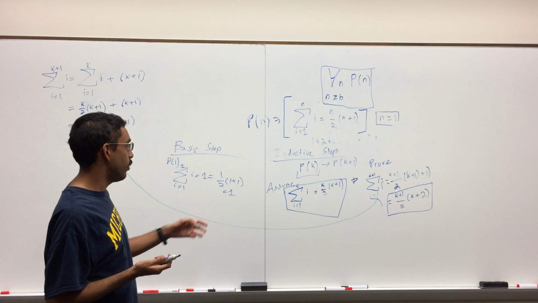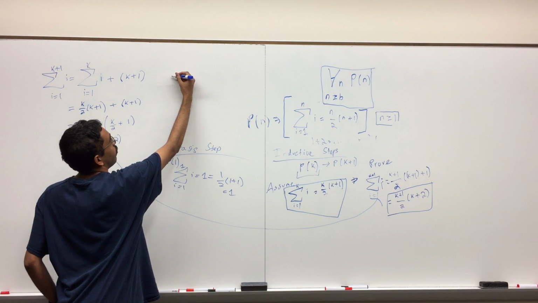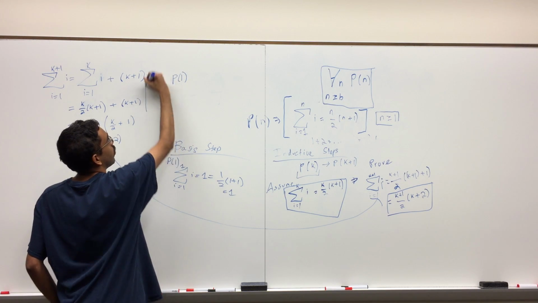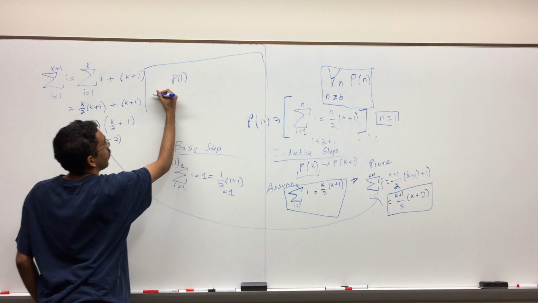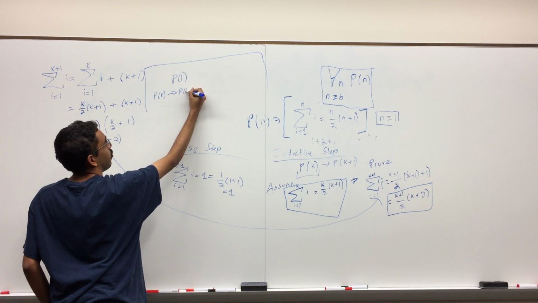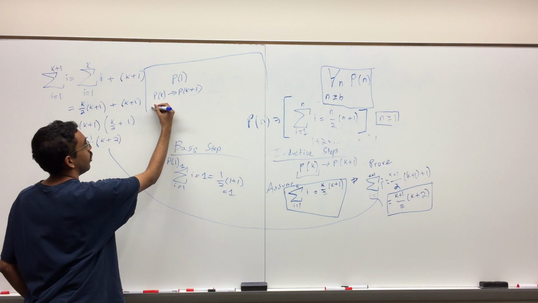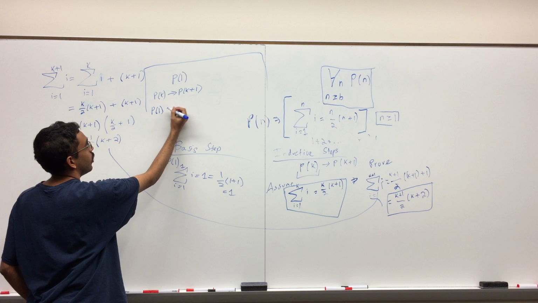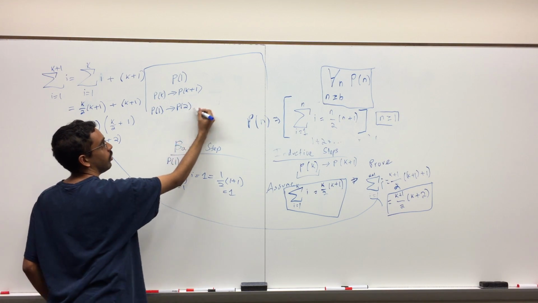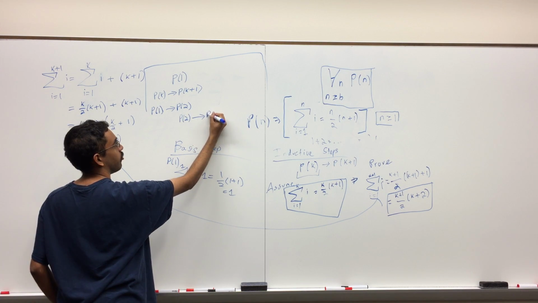What exactly just happened? Good question. We proved that P of 1 is true, and then we proved that P of k implies that P of k plus 1 is true. Where does this lead us? If we know that P of 1 is true, that means that P of 2 is true. And if P of 2 is true, then P of 3 is true.